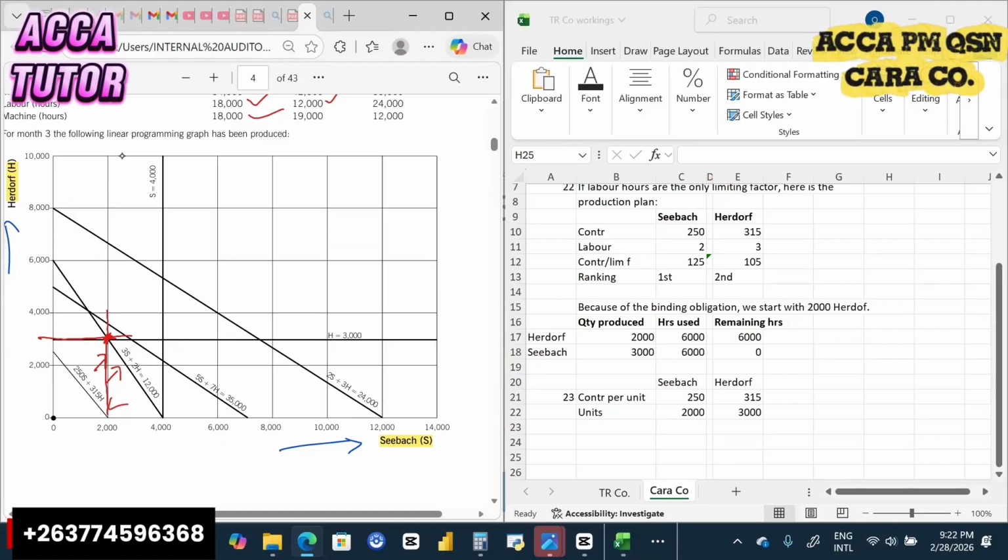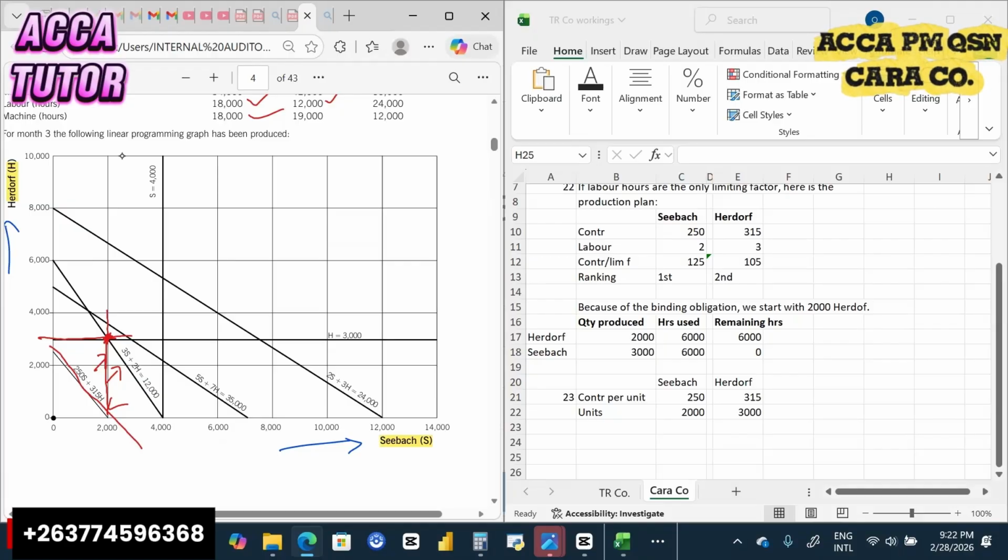Okay. To determine the optimal point from the graph, the ISO contribution line, that is the line 250S plus 315H, must be moved at the same gradient or angle through the feasible region until the last point where it leaves the feasible region.